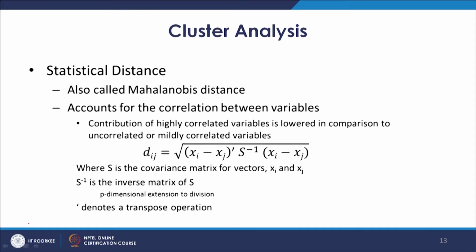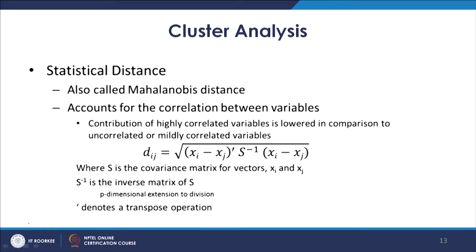In the formula on the slide, Dij is the square root of xi minus xj transpose, times S inverse, where S is the covariance matrix for vectors xi and xj, and then under the square root itself, the multiplication by xi minus xj.